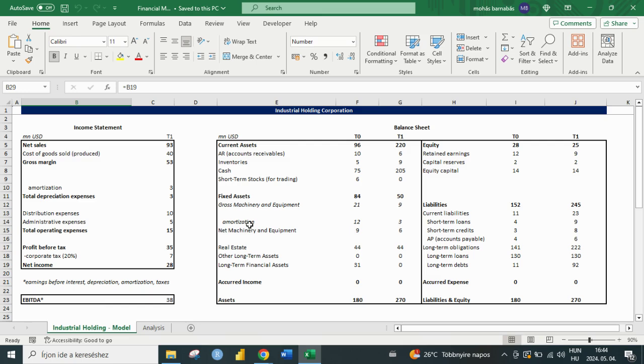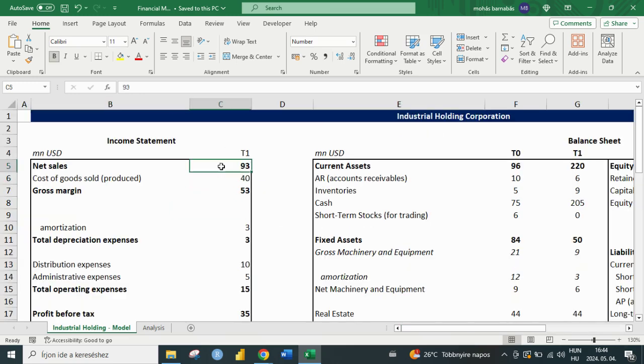I have said I'm going to walk you through at first a simplified income statement. And here I'm going to actually define what means what. At the beginning of this chapter, you had the reading task, and I hope you read it carefully, wherein the key parts of the income statement and the balance sheet are defined. But let's say here that in the first place, we have the net sales, which is $93 million, which is quite high.